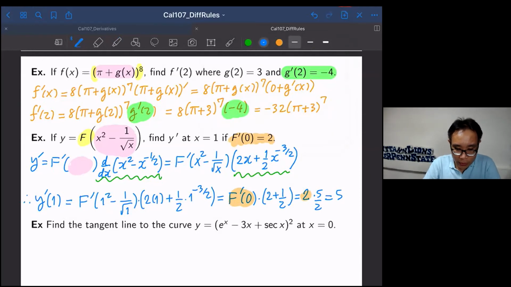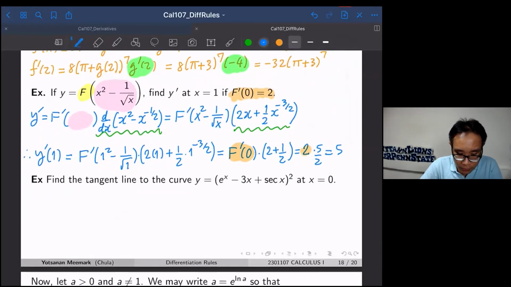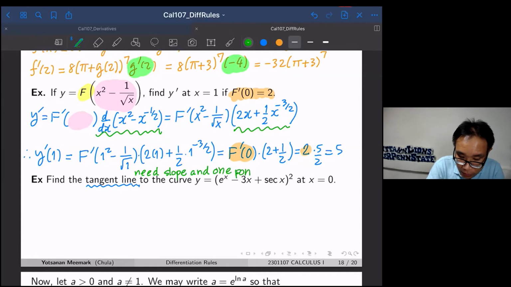For the last one for this page, you'd like to find the tangent line, so you need the slope. The slope in this case turned out to be the derivative at 0. And you need the slope and 1 point. Let's find the point first.